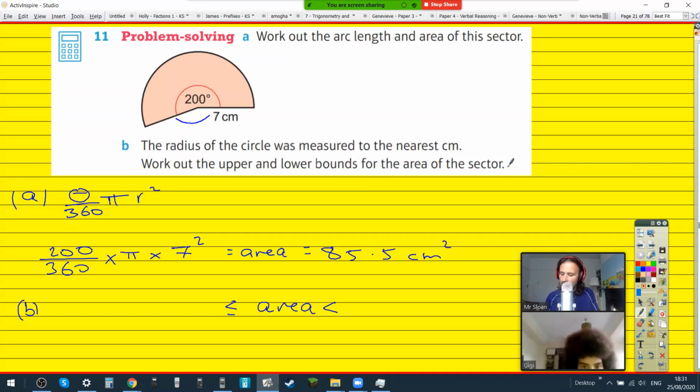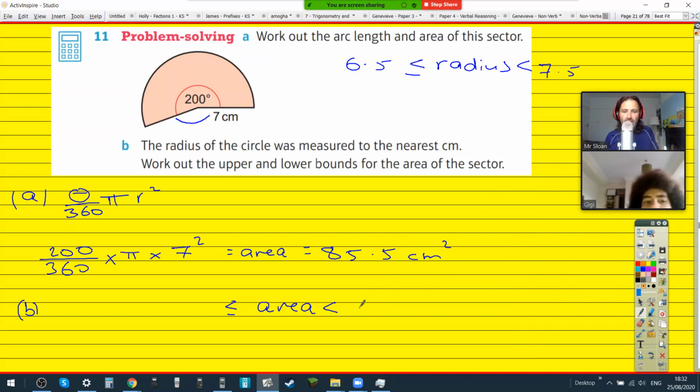I'm a bit lost. What is the upper and lower bound for the radius? 7.5 and 6.5. Yes. And so how can you use that to get the upper bound for the area?